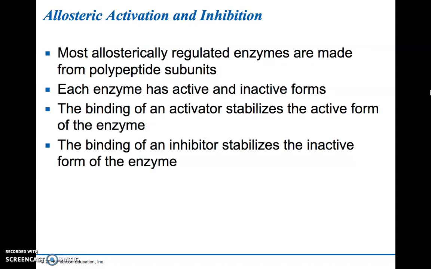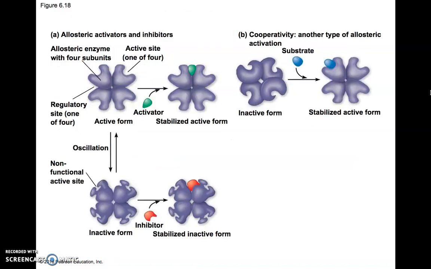Most enzymes that are allosterically regulated are made of polypeptide subunits, so lots of small pieces, and the enzymes have an active and inactive form. There can be a binding of a molecule that's the activator for that enzyme, which helps stabilize the active form and make it more active, or an inhibitor could bind and stabilize the inactive form of an enzyme.